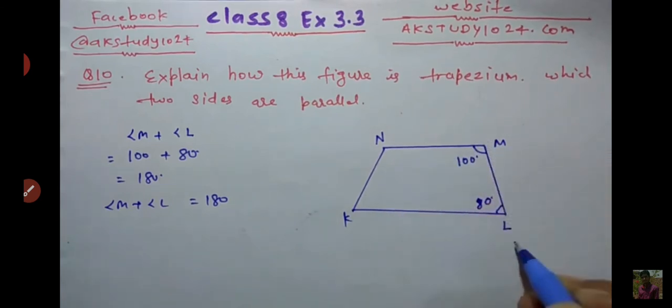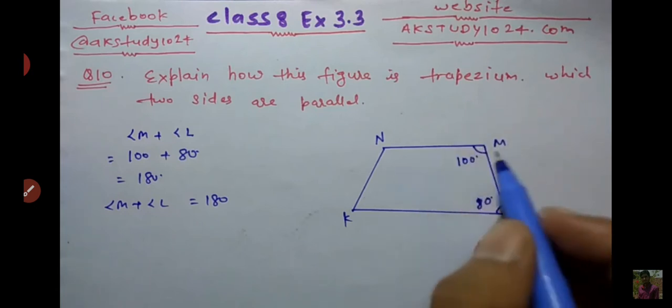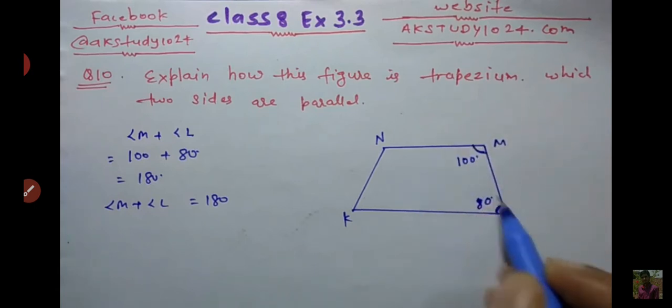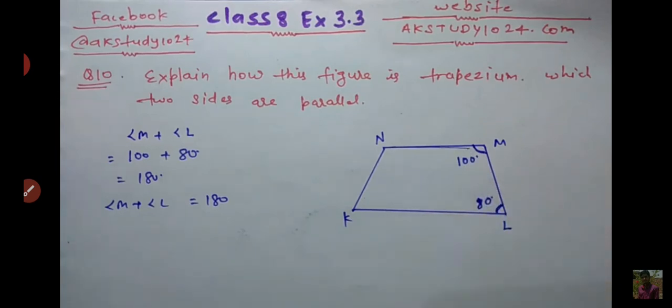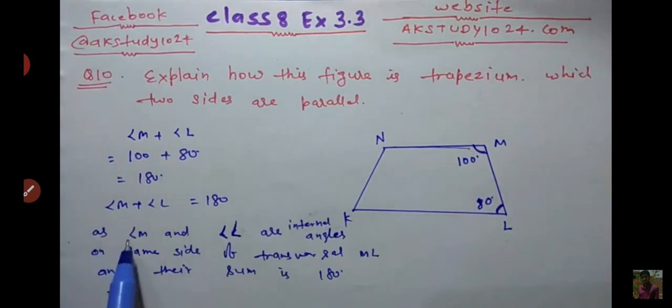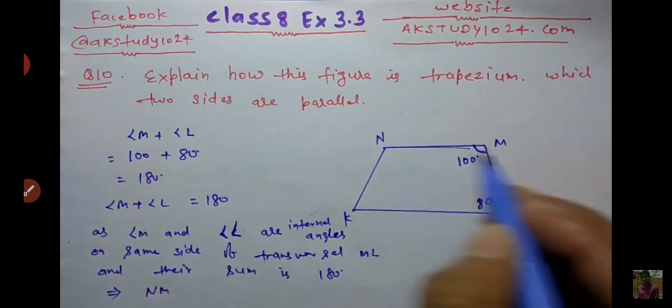The sum of adjacent angles of a parallelogram is supplementary. So you write that the sum of adjacent angles of a parallelogram is 180 degrees.